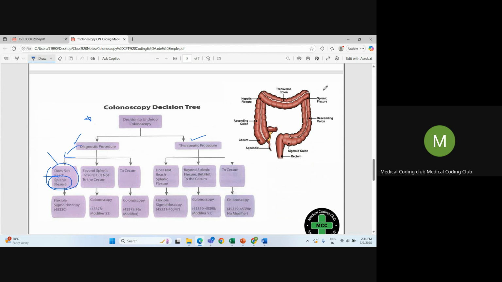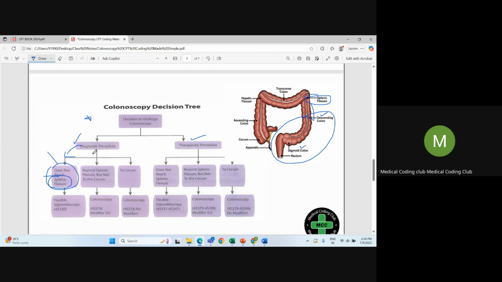You can see the splenic flexure is here, and here we have the lower portion of the colon. It includes the sigmoid colon and the descending colon. So below the splenic flexure, you consider it the lower portion of the colon.